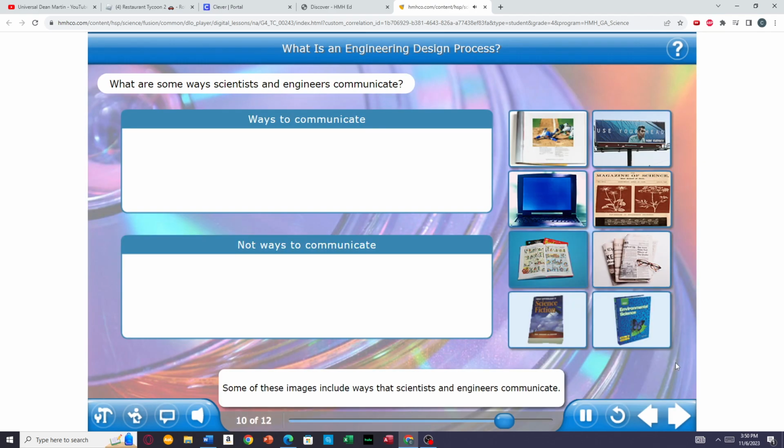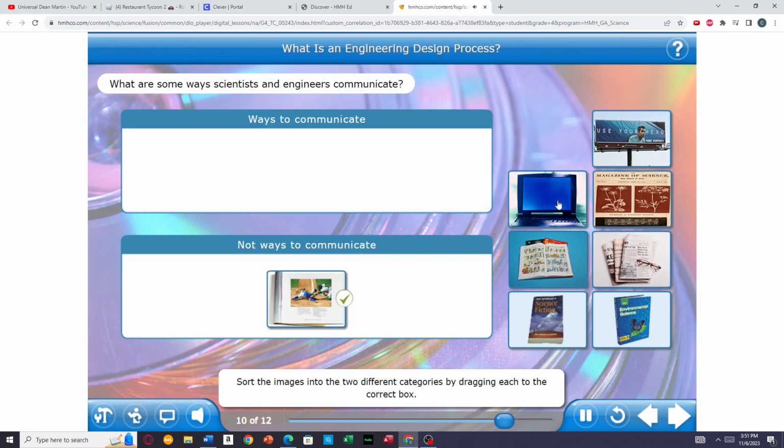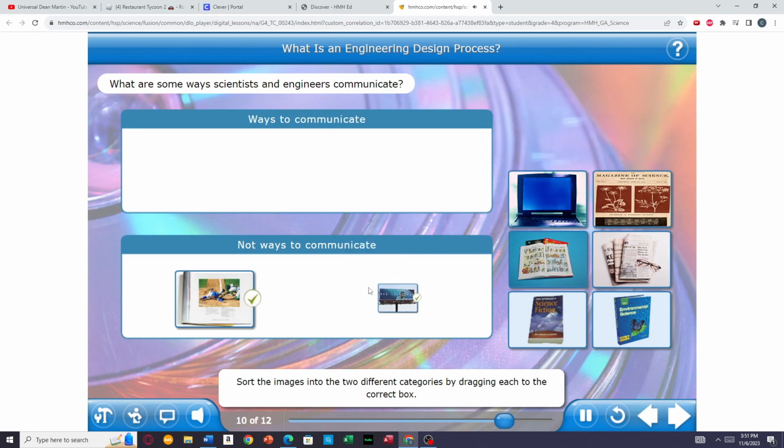Some of these images include ways that scientists and engineers communicate. Can you determine which are methods scientists and engineers use to communicate and which are not? Sort the images into the two different categories by dragging each to the correct box.